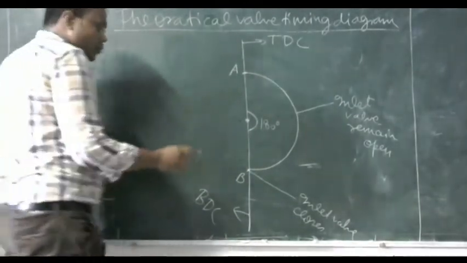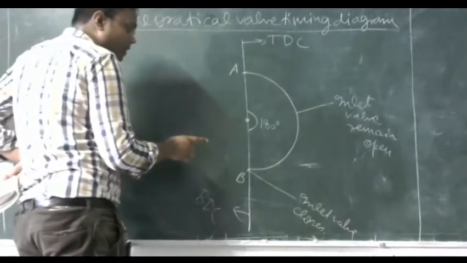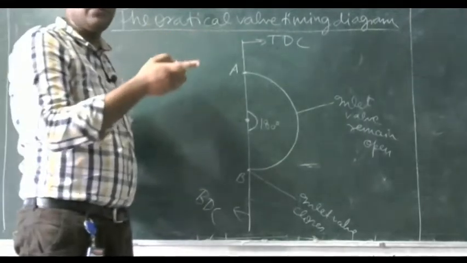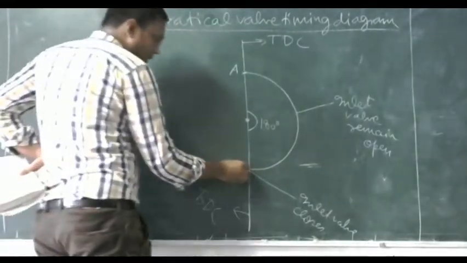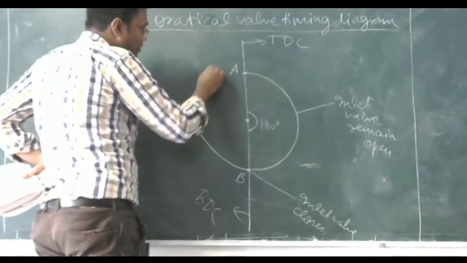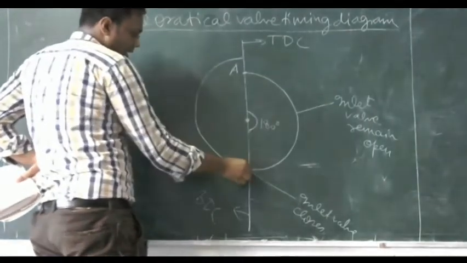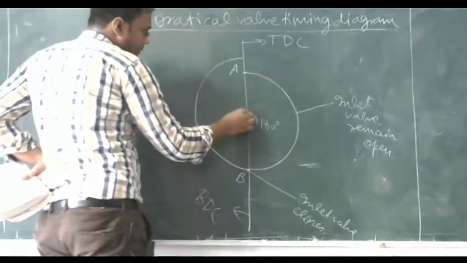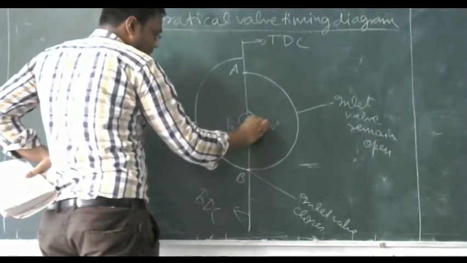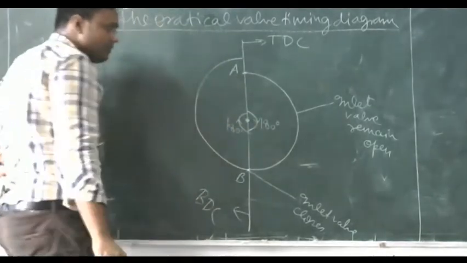During the compression stroke, the crankshaft again revolves by half revolution, by 180 degrees.